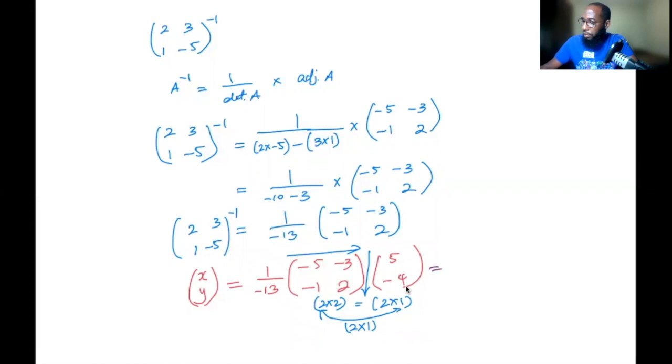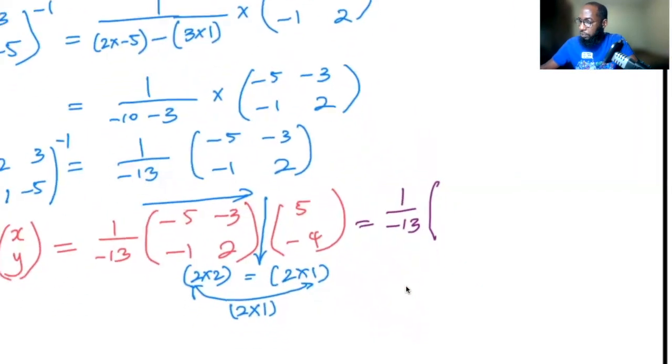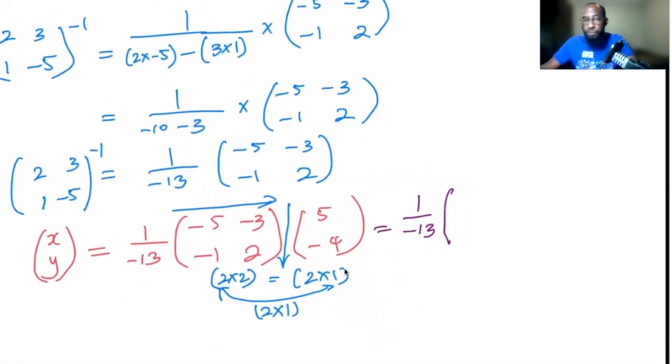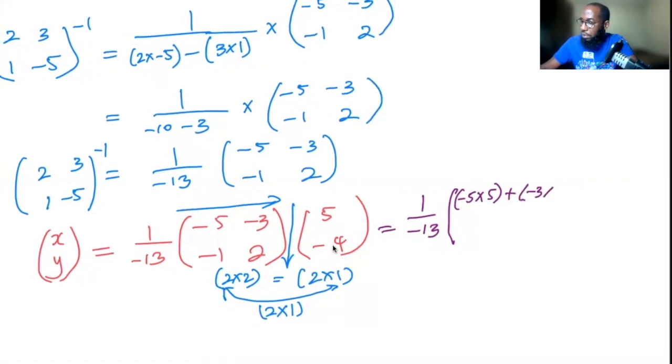Change it to purple here. So I have, let me write down, open brackets. Zoom it in a little bit. So -5 times 5, right? -5 by 5 plus, so first with first, second with second, -3 by -4. Right? You don't have any numbers here to multiply, so we cannot go across.